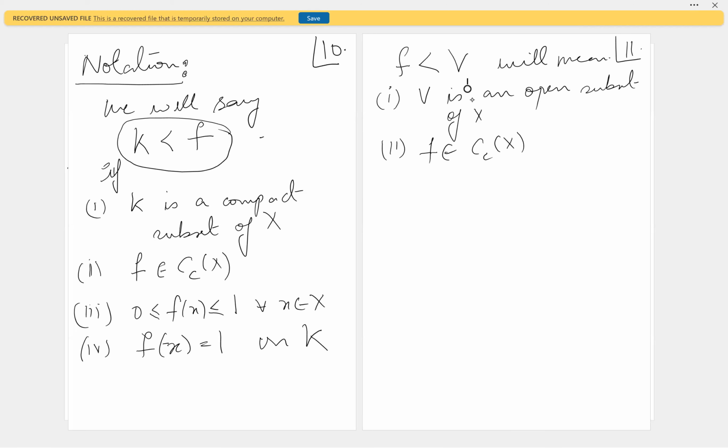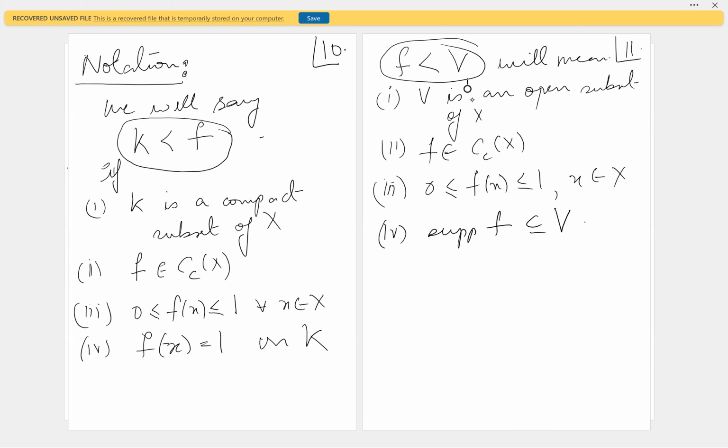We always assume that unless otherwise stated. 0 is less than or equal to f(x) is less than or equal to 1. And finally, the support of f sits inside V. Okay, so this f less than V will encode these 4 properties. And we'll see this notation used, K less than f less than V, which will mean all these 8 conditions hold.